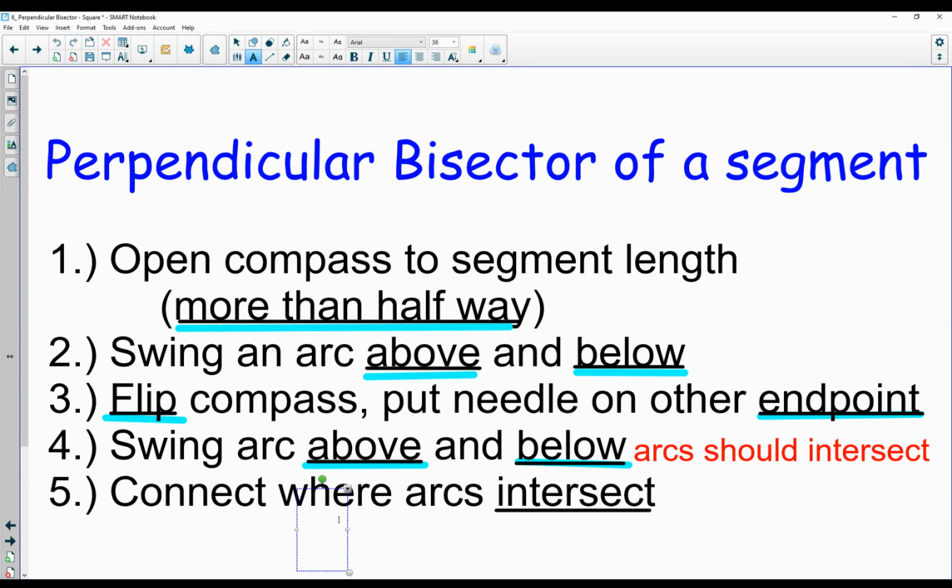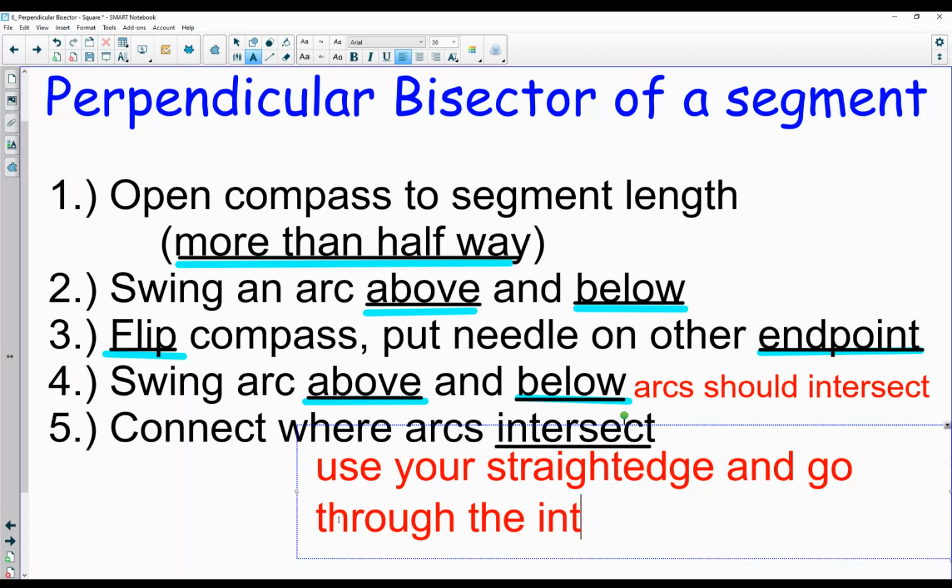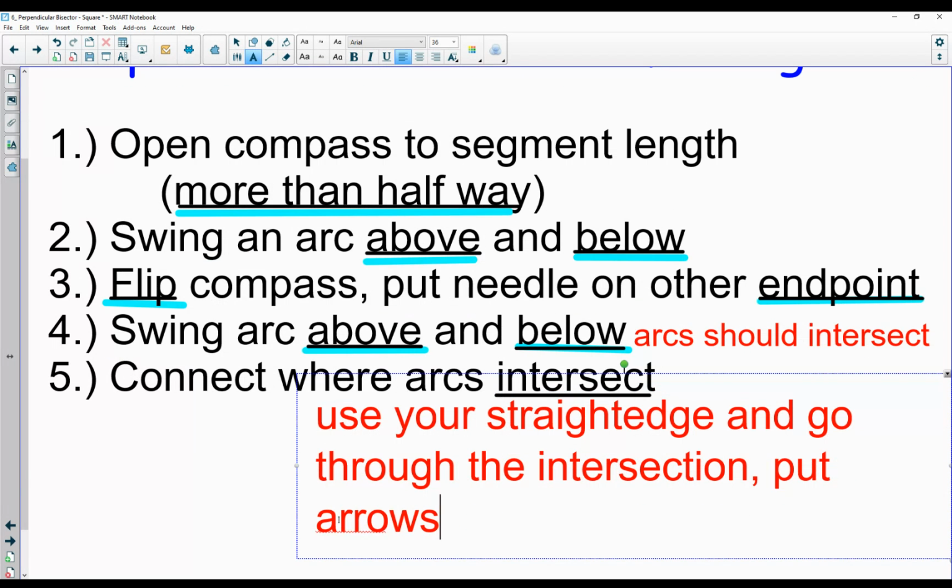You're going to use your straight edge and go through the intersection. Put arrows on the end of your line.